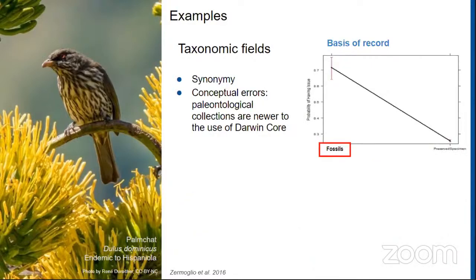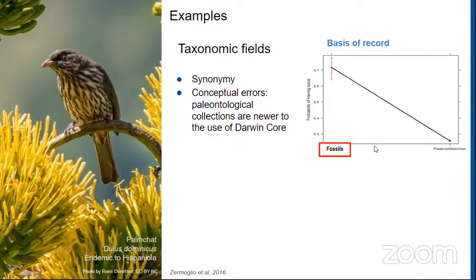And then there are two other results from this work that I want to show you. One other thing that they looked at was whether the names were coming from specimens that were current, let's say preserved specimens from our time, or fossils.